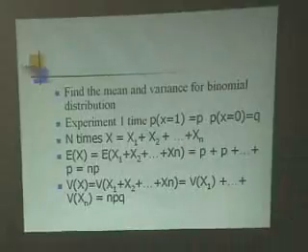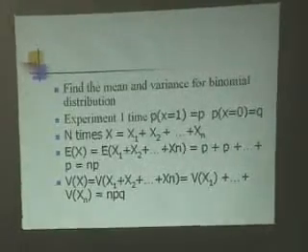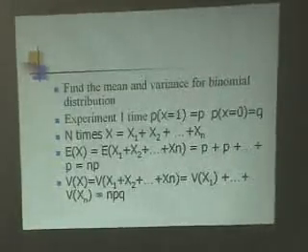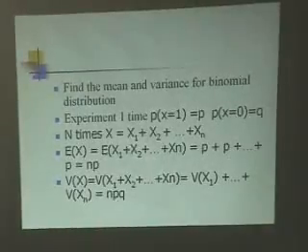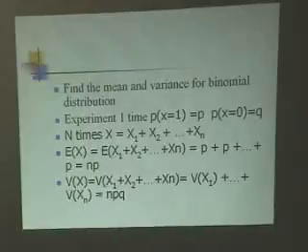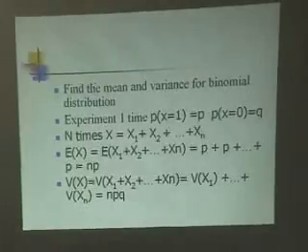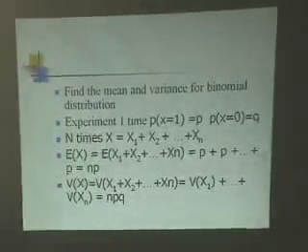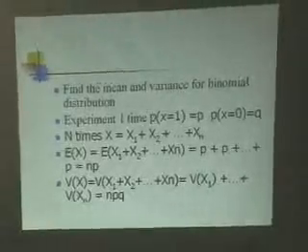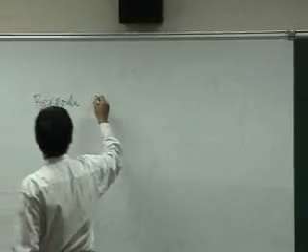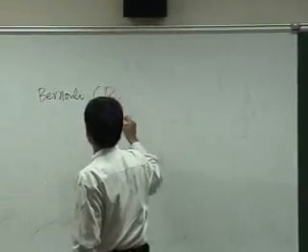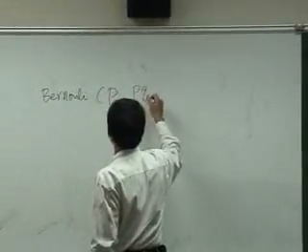Okay, questions? So now for the Bernoulli trial and for the binomial distribution. For Bernoulli, the mean is equal to P and the variance is equal to PQ.